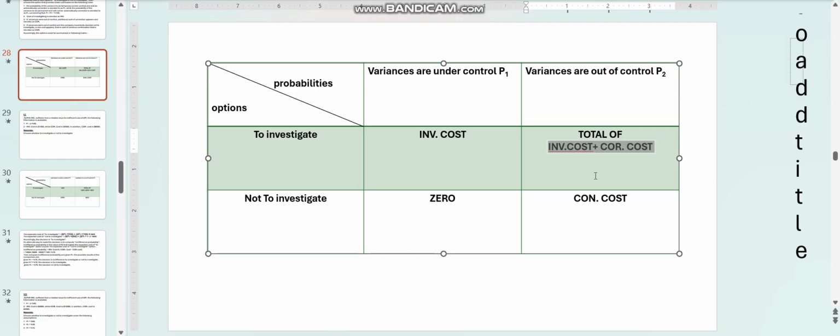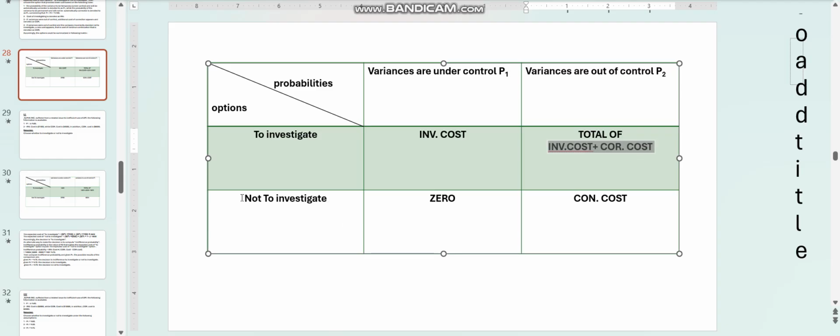As a result, additional cost appears, that is correction cost. So in this cell, the total cost you are going to afford is the total of investigation and correction cost.